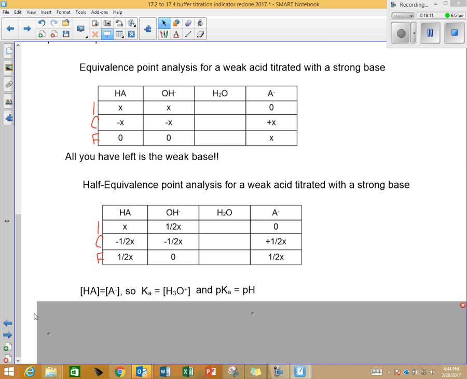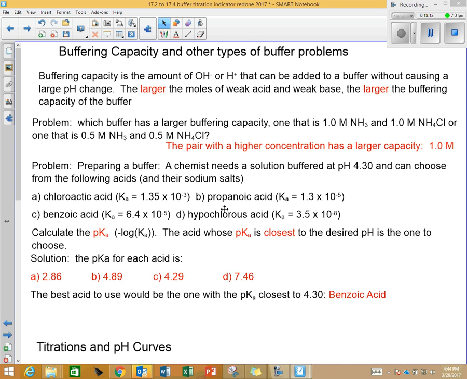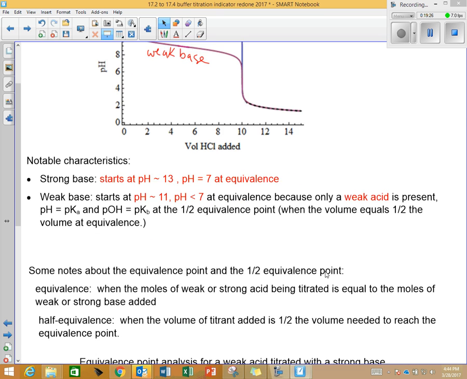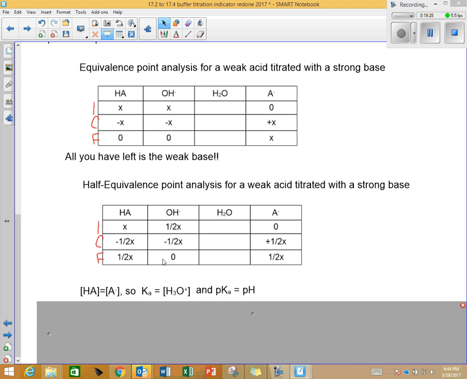I just showed you on the previous notes, here's our definition of Ka right here. If HA and A minus are equal to each other, which we just derived at the half equivalence point, do you see they're equal to each other?